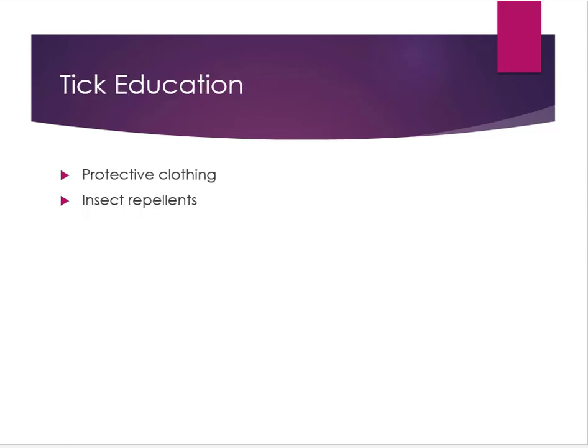Okay, let's talk real quick about ticks. They can be found in grasses, shrubs, vines, and brush. They can also be found on animals and humans. The female tick can suck blood from the skin and then can inject a toxin while sucking the blood. And this is one of the ways that Lyme disease is transmitted. Most tick bites occur in the early spring to early fall.